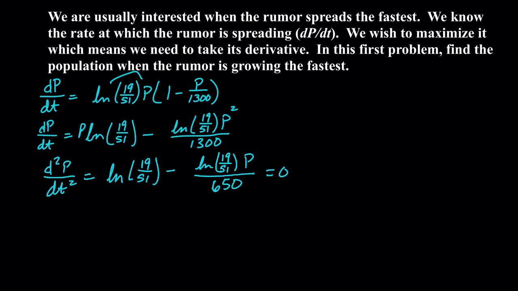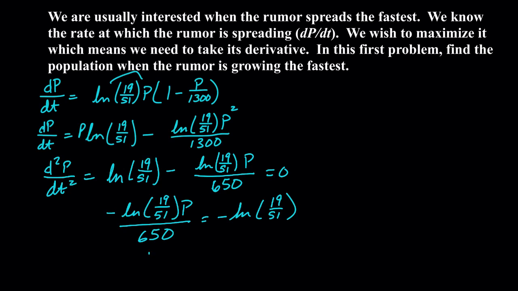We would set this equal to 0, giving you negative natural log 19 over 51 p over 650 equals negative natural log 19 over 51. You can divide natural log to the other side, which is going to give us 1, or in other words, p is equal to 650.